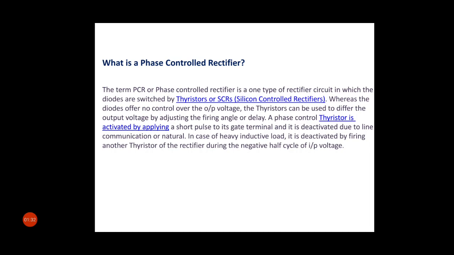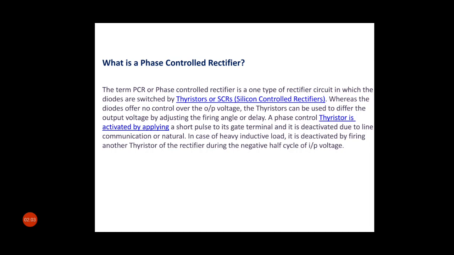Here the name given is controlled rectifier, so that means rectifiers are going to be studied in this topic. We will see what the devices are and why they are known as controlled devices.